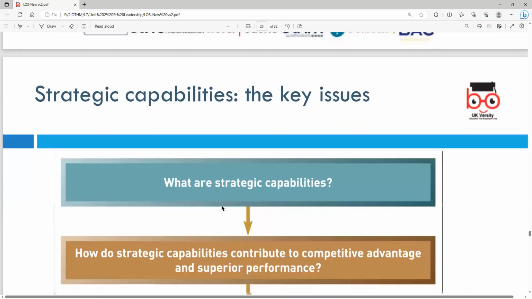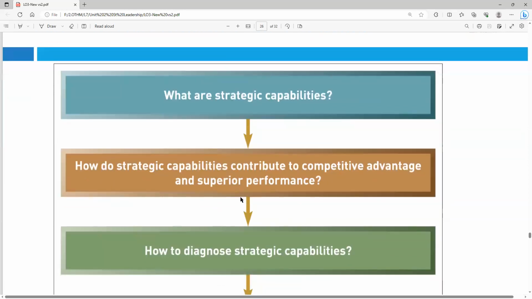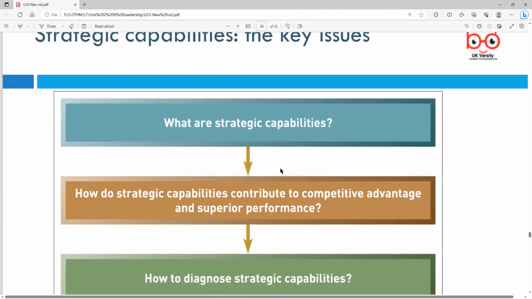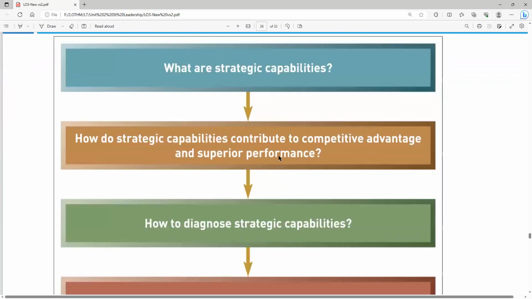For strategic capabilities, the key issues are that we need to look at our own capabilities. What are our strategic capabilities, and how do they contribute to competitive advantage? How do these strategic capabilities contribute to being competitive and better than other organizations in terms of performance, in terms of using resources efficiently?